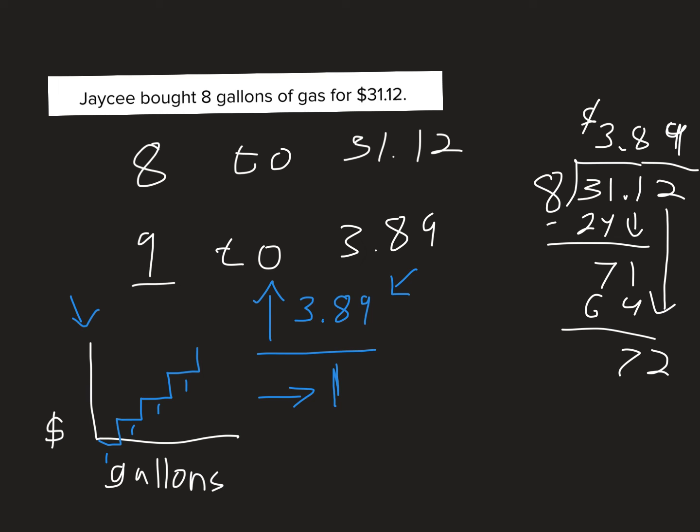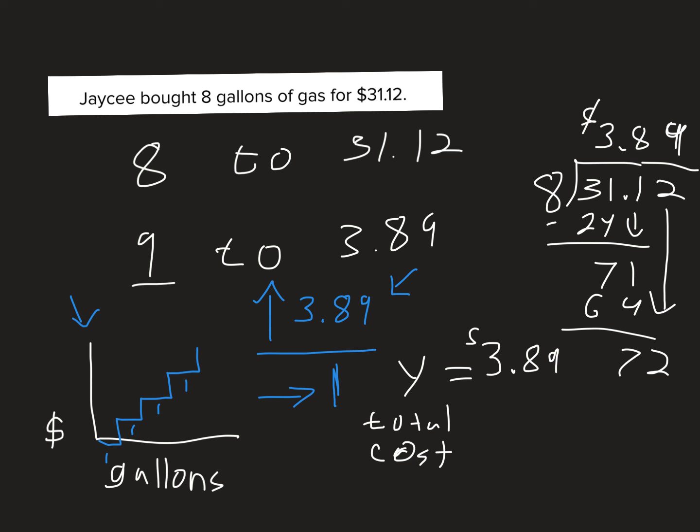And now I'm going to make it very mathematical by writing an equation. So we have y equals, and in this case, my y represents the amount of money, total cost, $3.89.